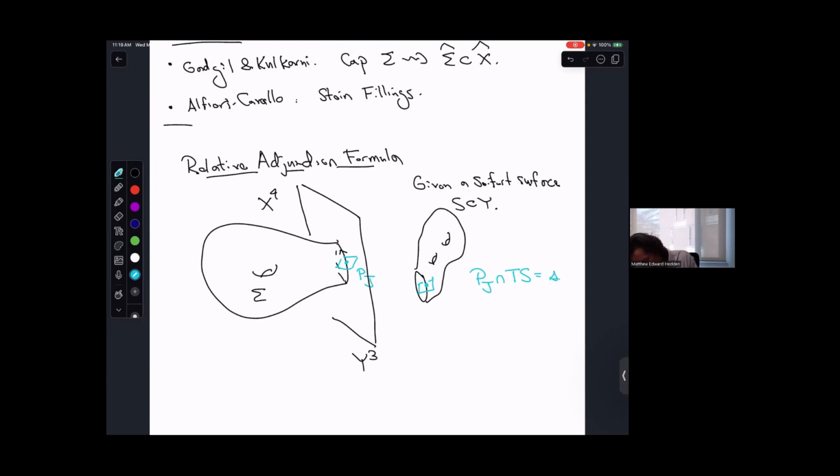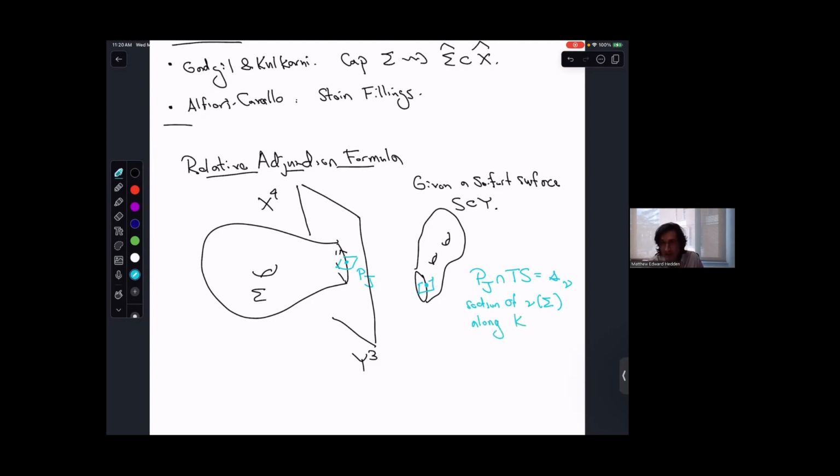So I'll call this the section of the normal bundle. So this is a section of the normal bundle to sigma along its boundary.